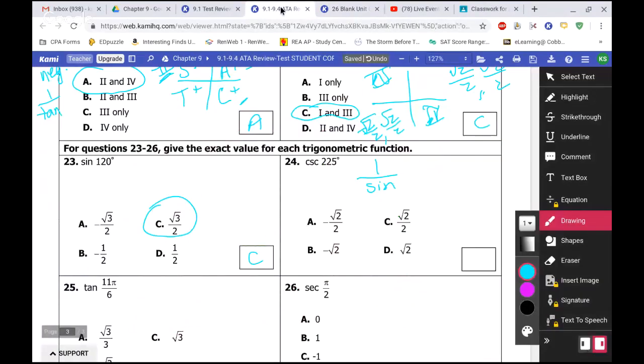If sine is negative root 2 over 2, then the inverse of that is 2 over root 2, or negative. And then I have to rationalize my denominator, right? So that gives me negative 2 root 2 over 2, and those cancel. So that's negative root 2. Okay.